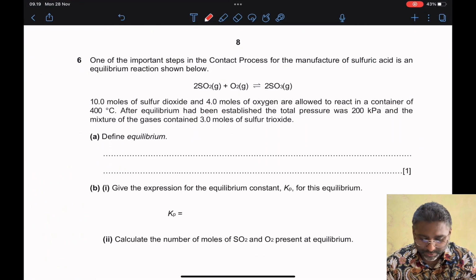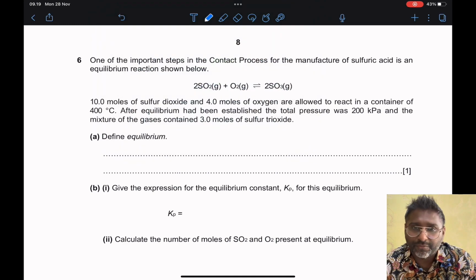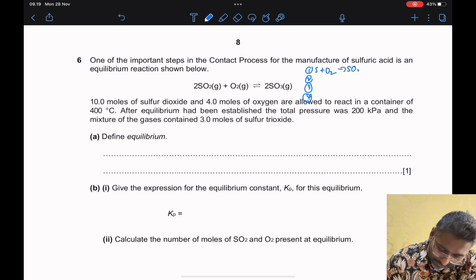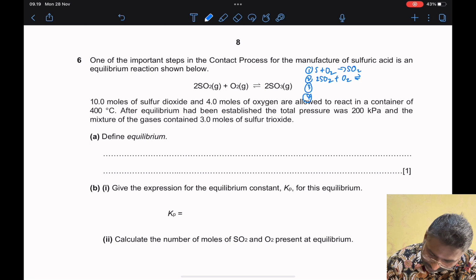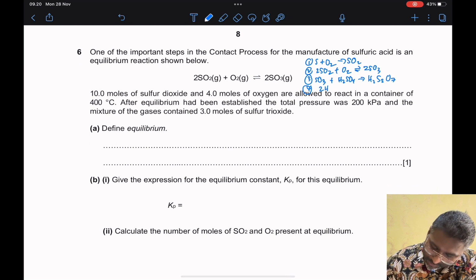Now, one of the important steps in the contact process is the manufacture of sulfuric acid. For the contact process we have a total of four equations. First is sulfur plus oxygen to give you SO2. Second is SO2 plus O2 to give you 2SO3, and then SO3 will react with concentrated sulfuric acid to give you oleum, H2S2O7.